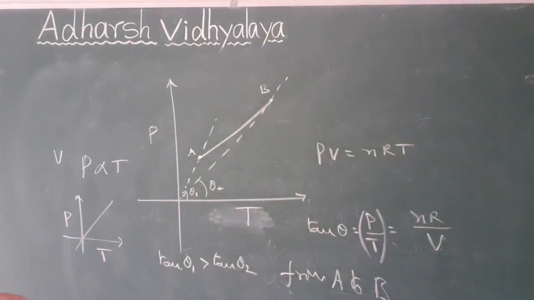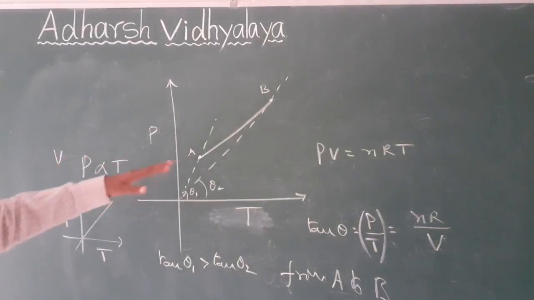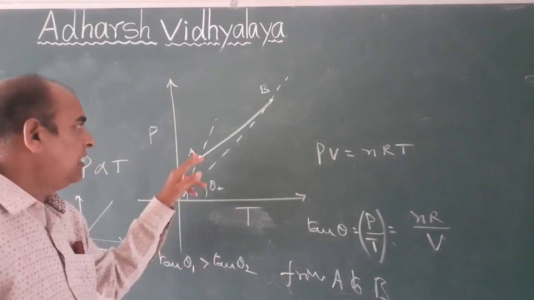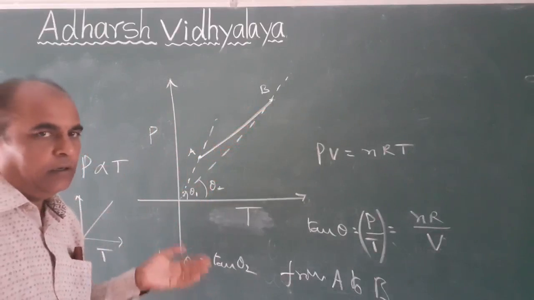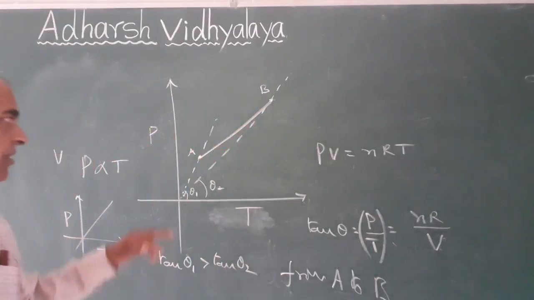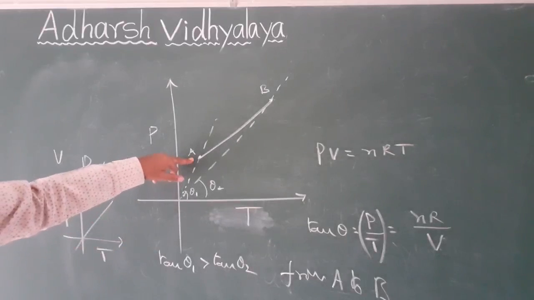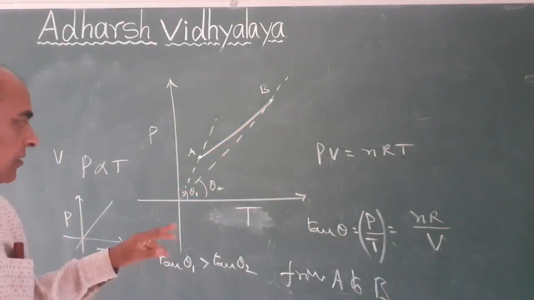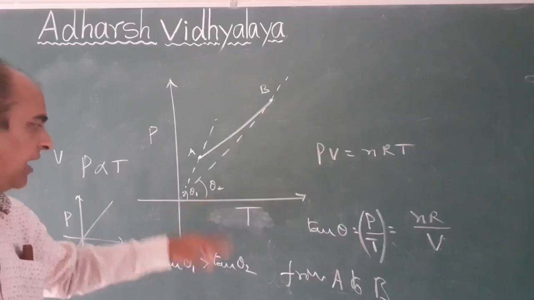But here the PT graph is slightly not passing through origin. Then from A to B, what happens to the volume? Volume increasing or decreasing? So at this place, calculate slope tan theta, and at this place, calculate tan theta. We know tan theta 1 is greater than tan theta 2.